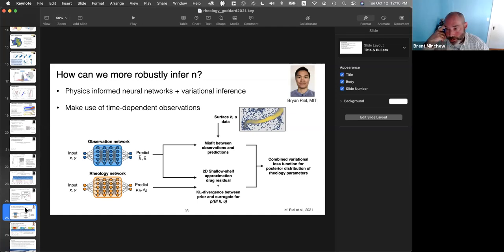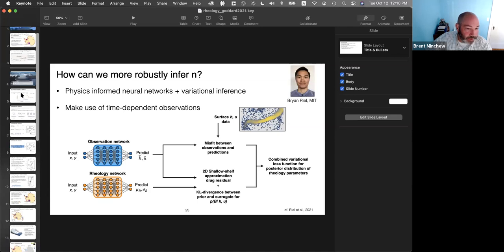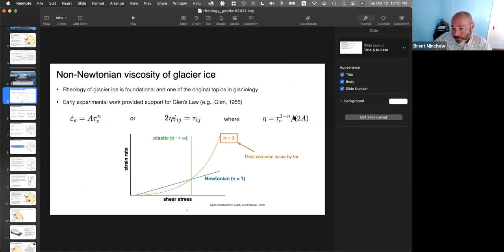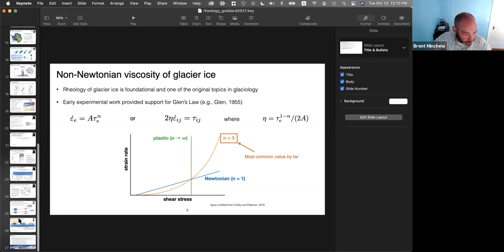Yeah. So in this particular case, basically what we're working on is tuning directly for the prefactor. What we're tuning for effectively is the coefficient of viscosity, given all the observations and the model for ice flow and so forth.